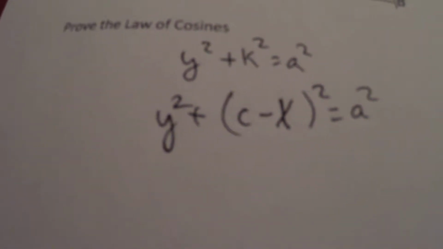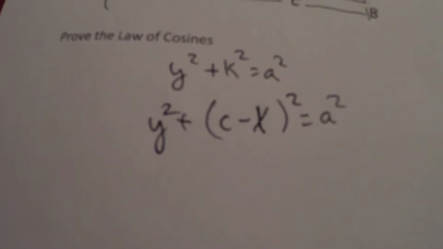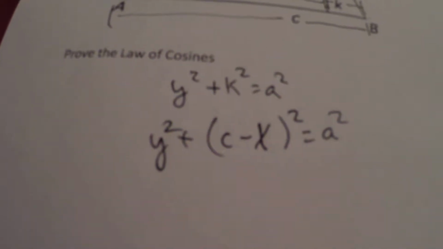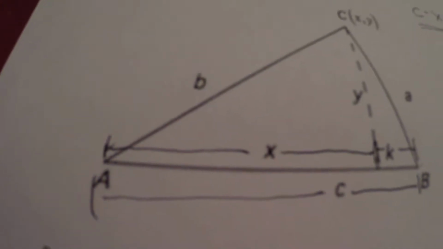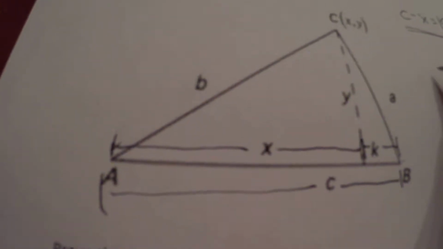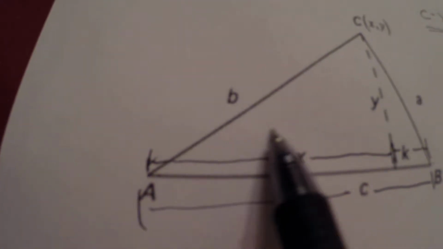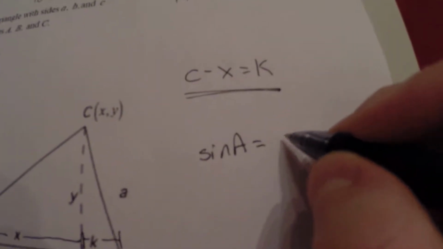Okay. Next thing. What are we going to do? Well, I'm going to replace Y and X. The question is what I'm going to replace Y and X with. Hopefully you said, aha, I'm going to use sine A. Over here, sine A is equal to opposite over hypotenuse, so y over b.